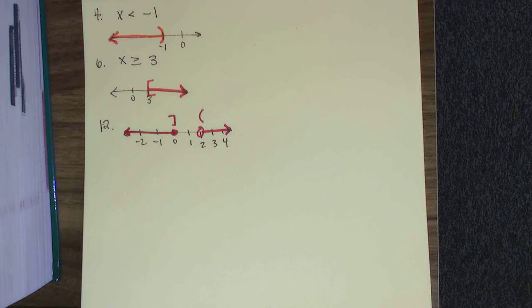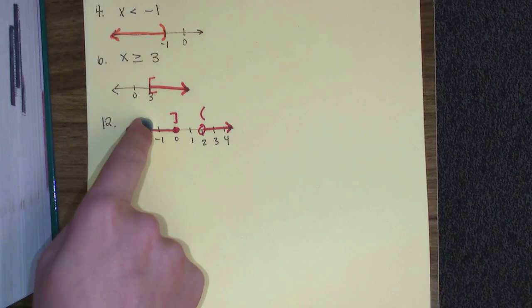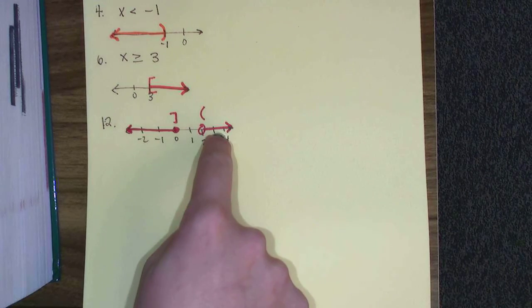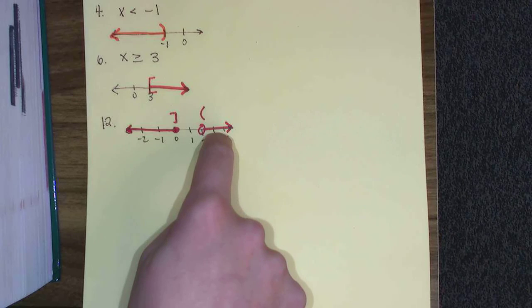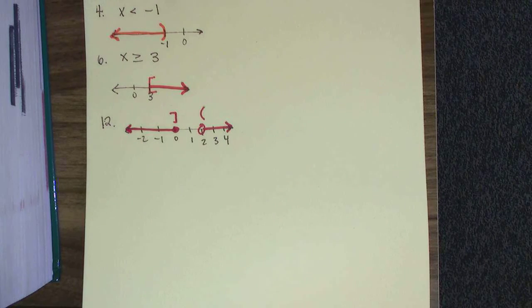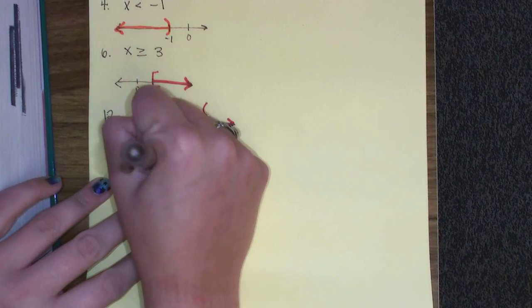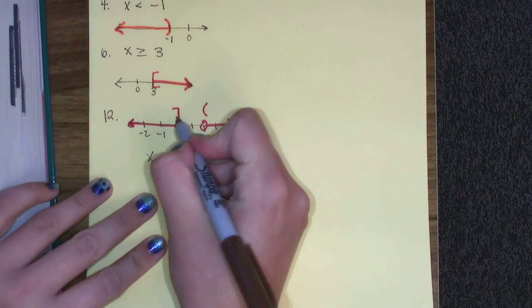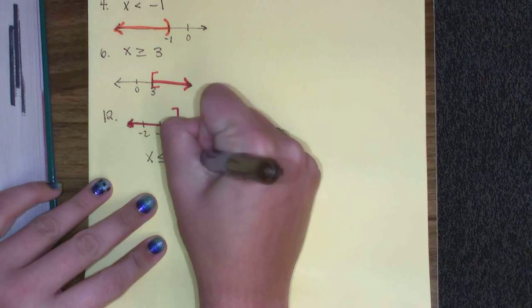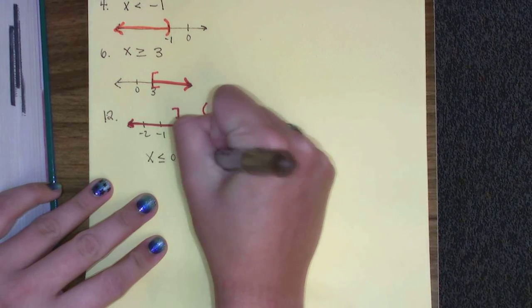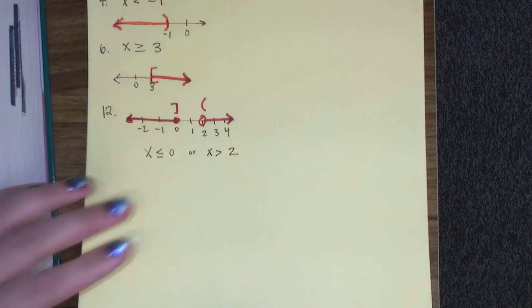X can be over here, or X can be over here. So it's an or, okay? So we would say X is less than or equal to 0, or X is greater than 2.